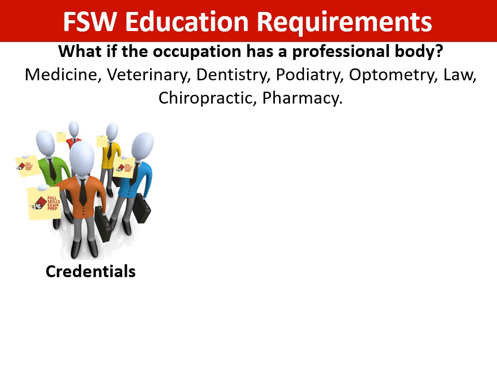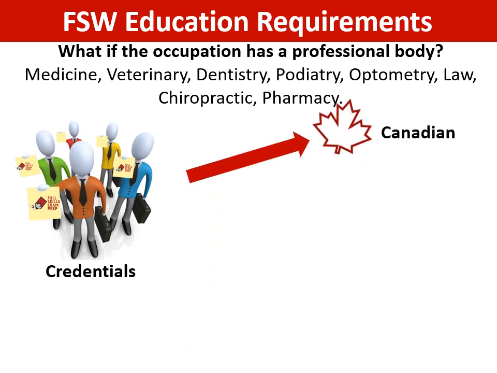Okay, so you have these other people here who are professionals with a regulatory body. So if you remember from before, we saw those specific degrees and certifications that are used for this. So people who work in medicine, so veterinarians, dentists, optometrists, lawyers are pretty much the only ones outside of medicine in this area here of the Federal Skilled Worker Program.